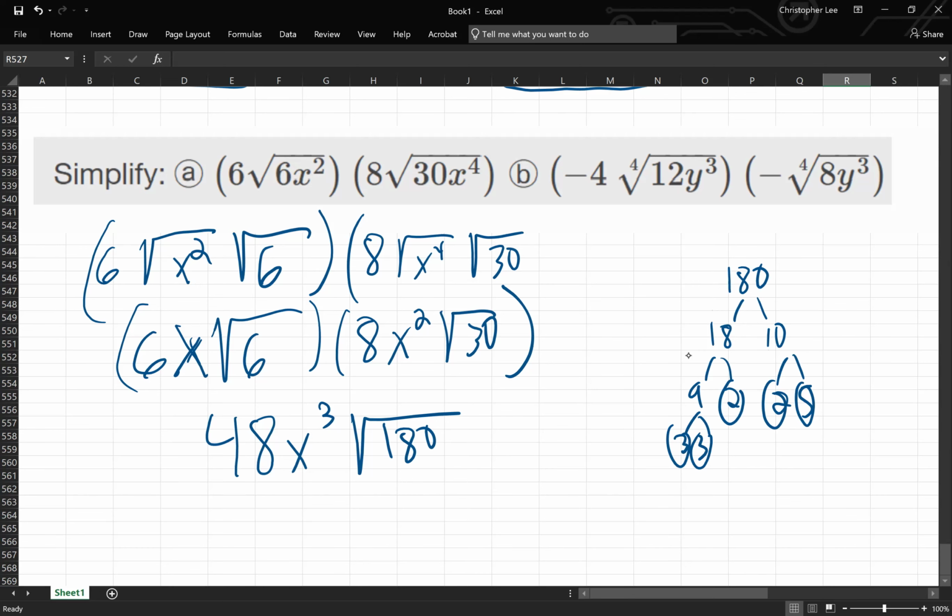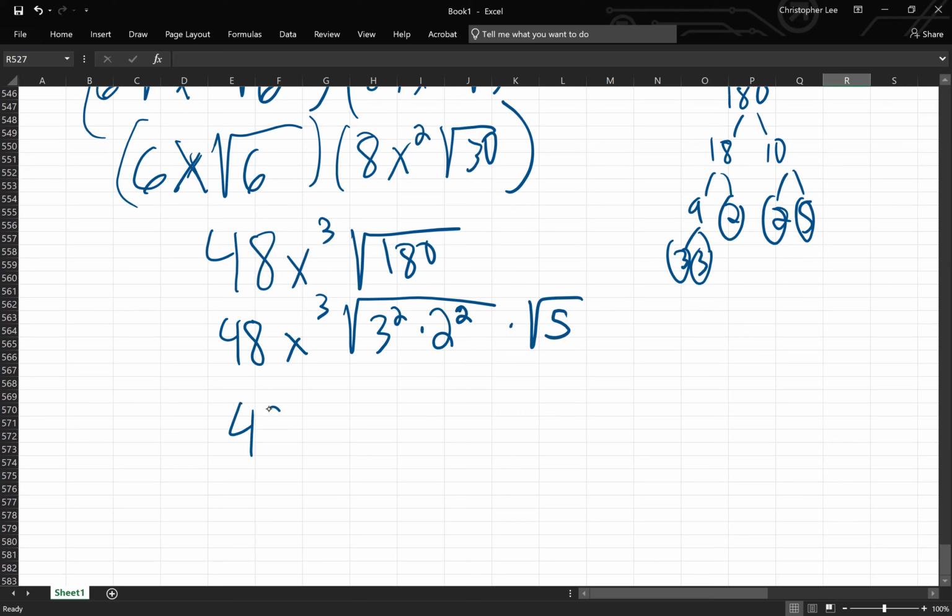So I have double three, double two. So this becomes 48 x to the third square root 3 to the second times 2 to the second times square root 5. This will become 48 x to the third times 3 times 2 times square root 5.